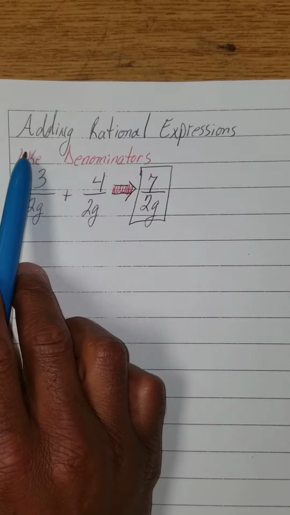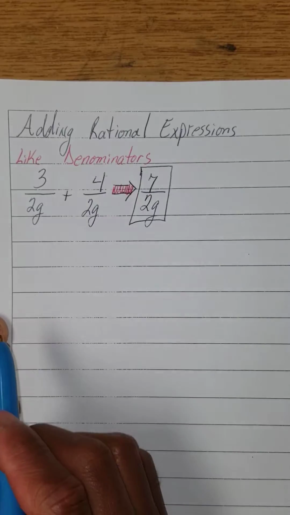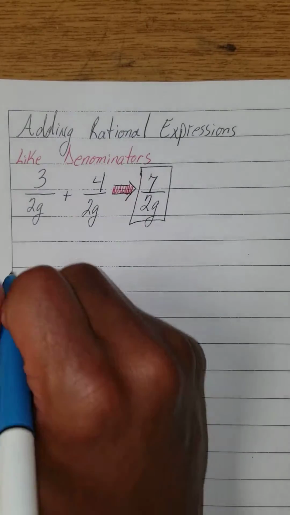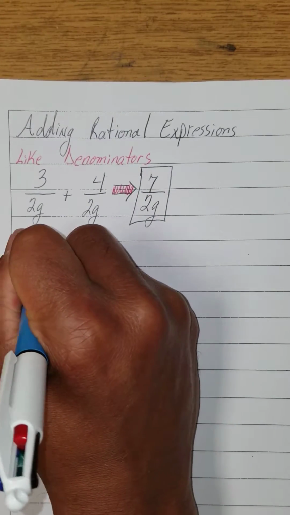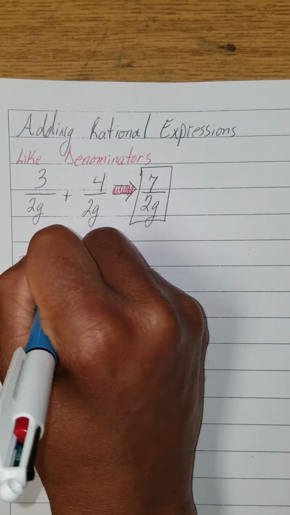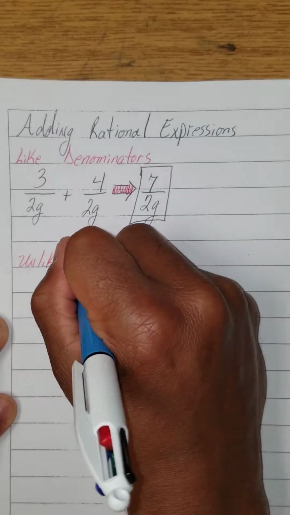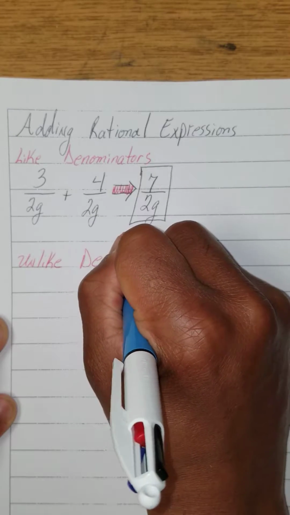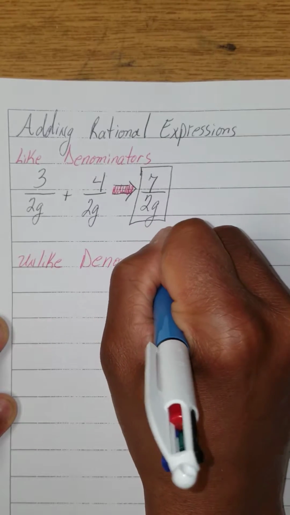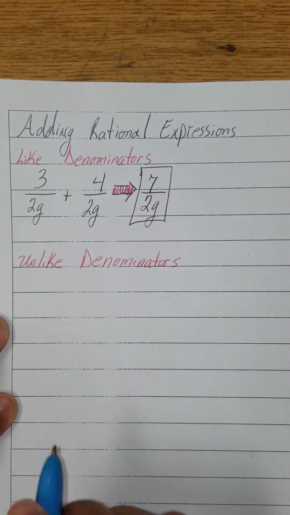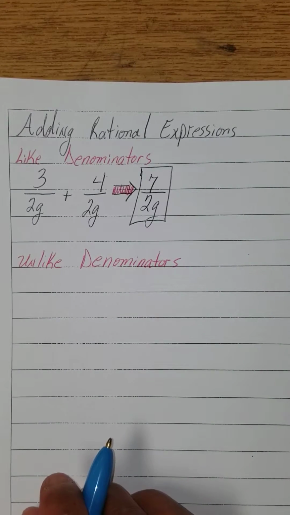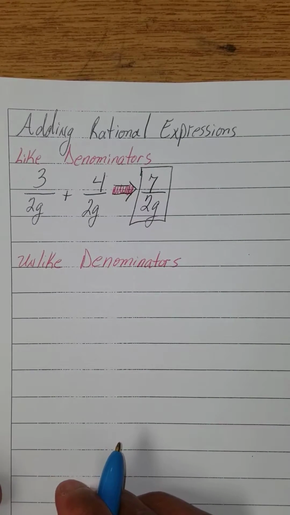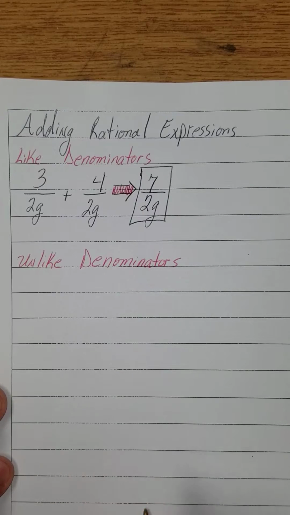Now, still in the subject of adding rational expressions, we're going to try this time with unlike denominators. This is where the bulk of adding and subtracting rational functions happens. There are multiple methods to use.